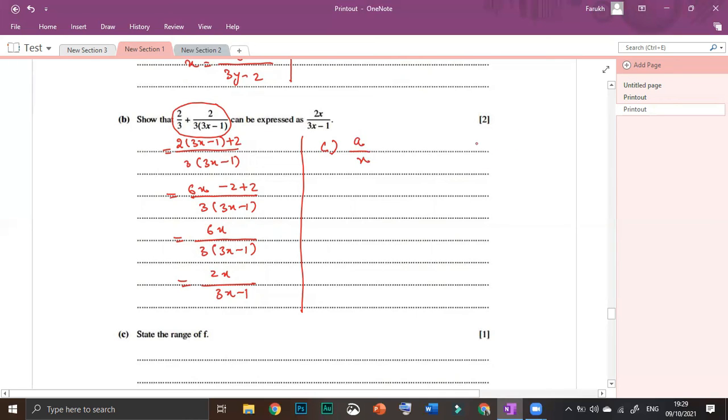In this one, the graph of A over x, when A is positive, is this. X-axis and y-axis are the asymptotes of this graph. Now, recall 2 over x. The graph is the same.